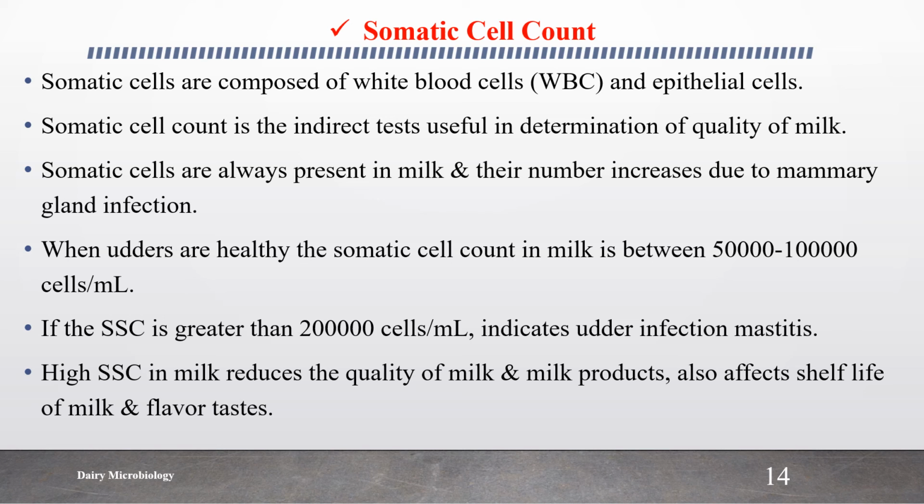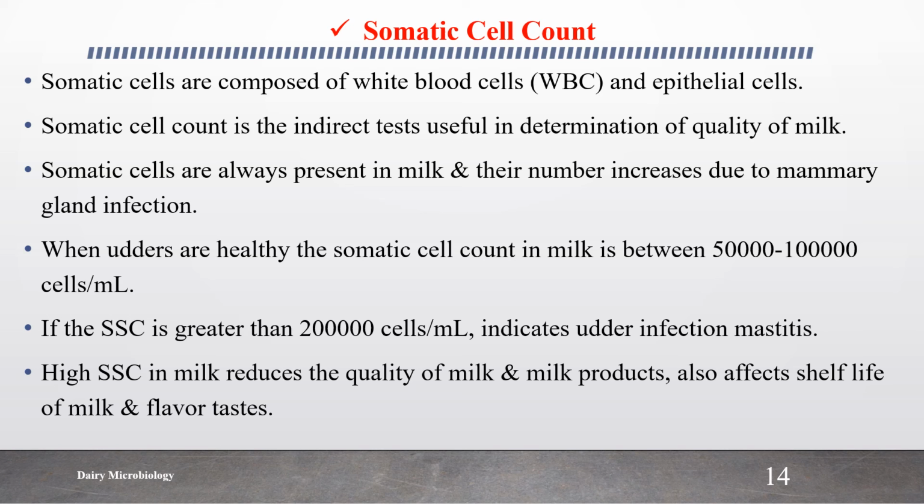Somatic cell count is the indirect test which can be used for the determination of quality of milk. Somatic cells are always present in milk, but the number of these somatic cells increases when there is a presence of mammary gland infection.